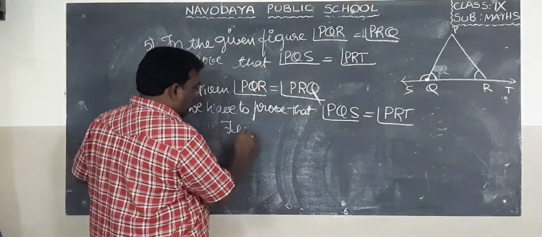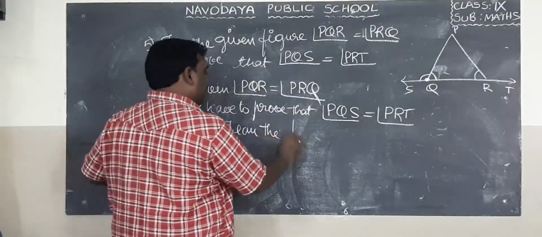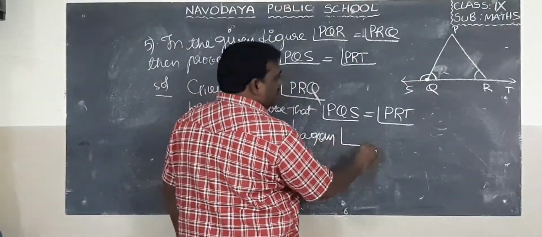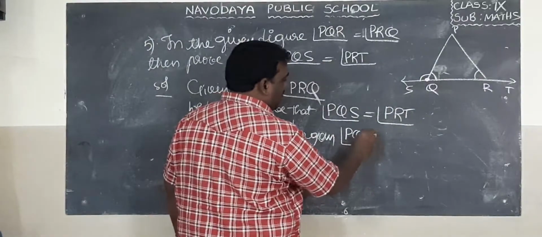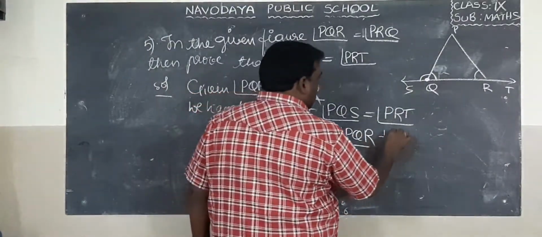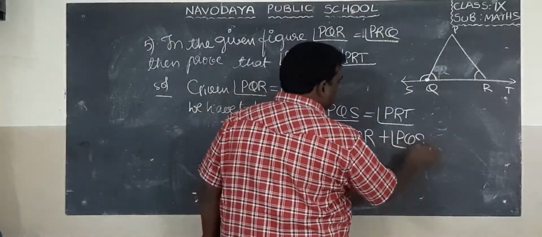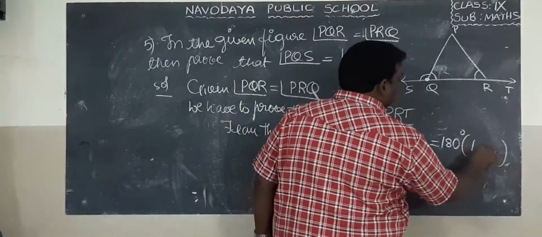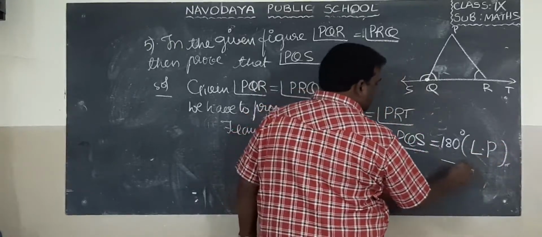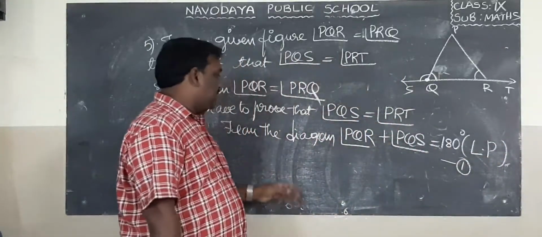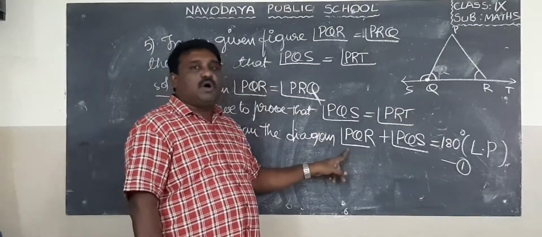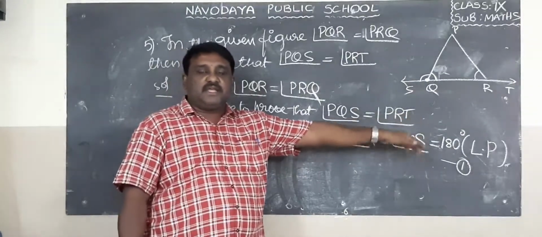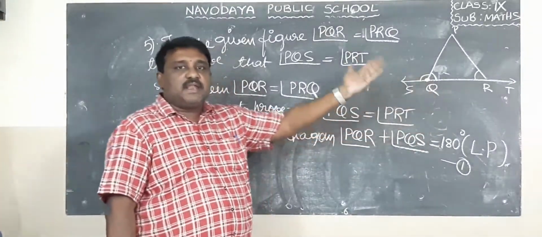So, from the diagram, angle PQR plus angle PQS equal to 180. Write the reason: linear pair. Equation 1. What is the first equation? Angle PQR plus angle PQS equal to 180. Why is it 180? Linear pair.